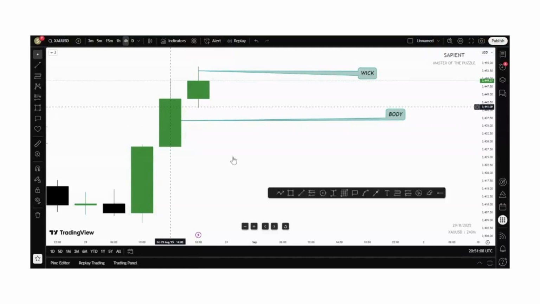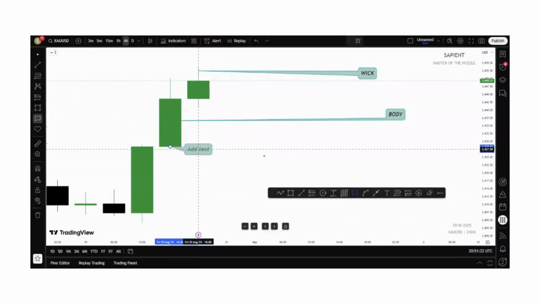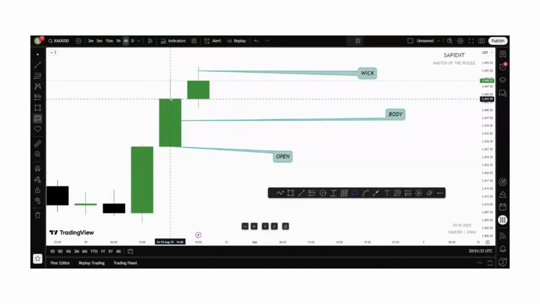So if you want to label the open of a buy candle, you start from the bottom. Open, then the close will be at this place right here. Close.